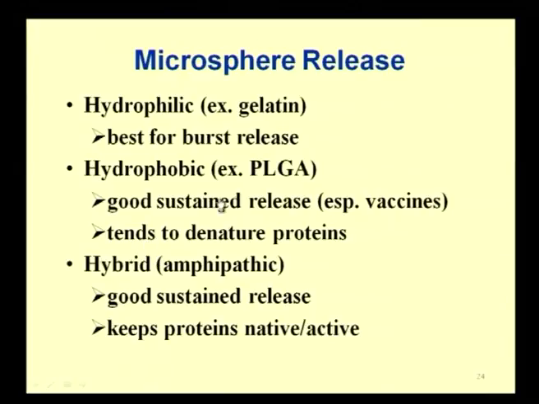But the disadvantage of using such a polymer in these systems is that they tend to denature proteins. Especially when proteins, peptide drugs or amino acids are used as the drug, they get denatured or degraded, and this is one of the most important disadvantages of making use of such hydrophobic PLGA polymers.